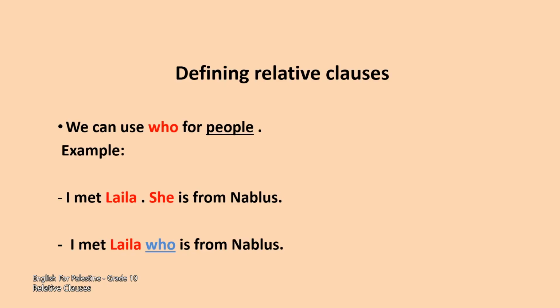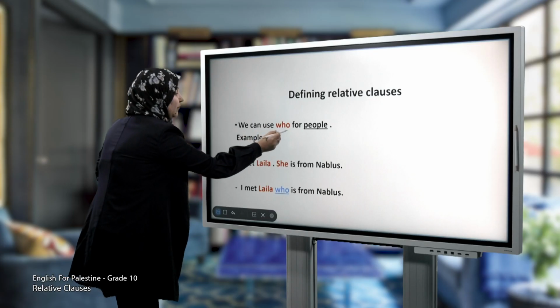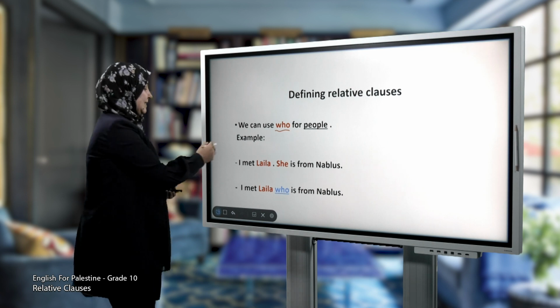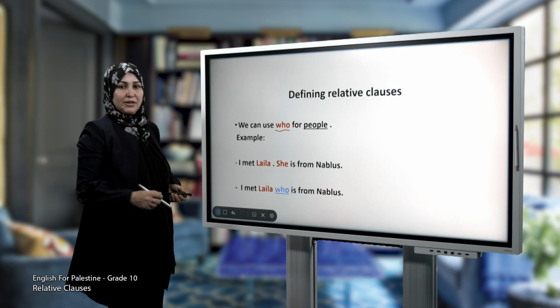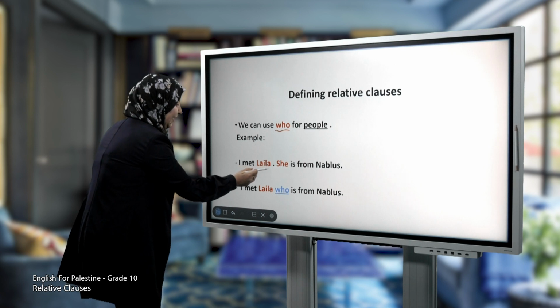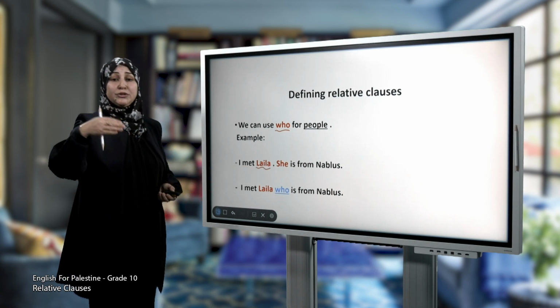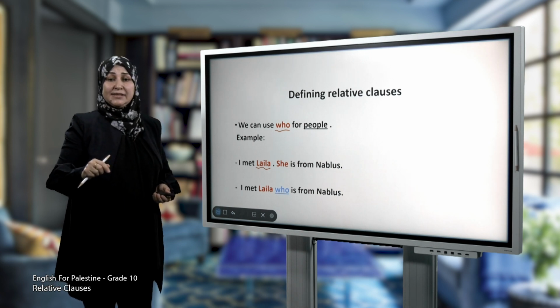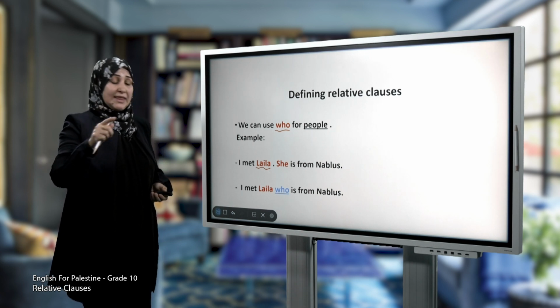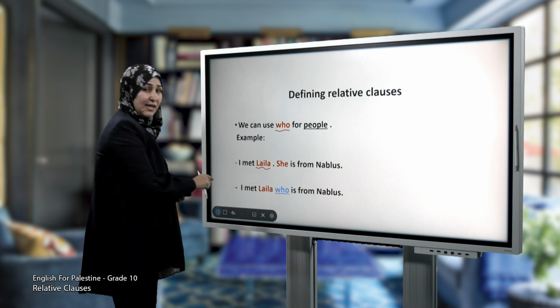Defining relative clauses: we can use who for people. Example: I met Layla. She is from Nablus. In the first sentence, we are talking about Layla, and in the second sentence we use a pronoun that refers to Layla.